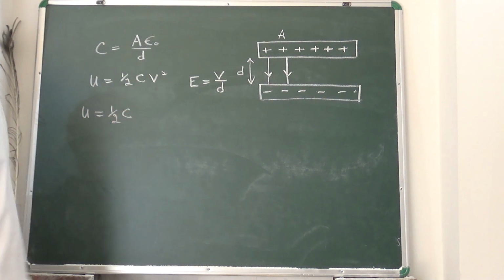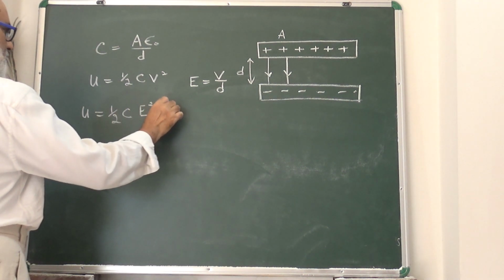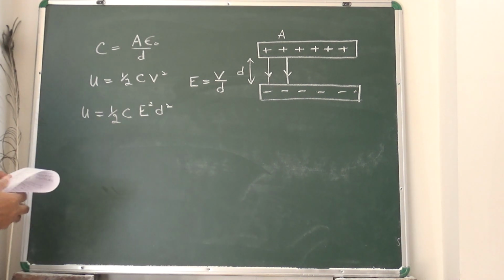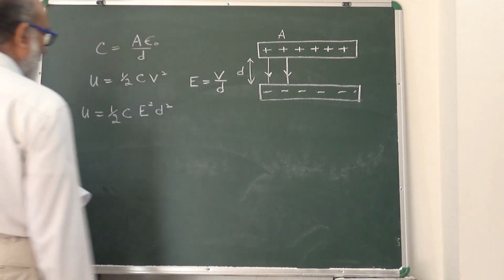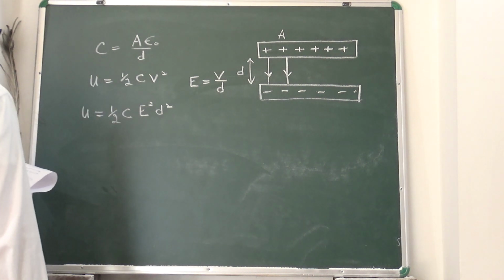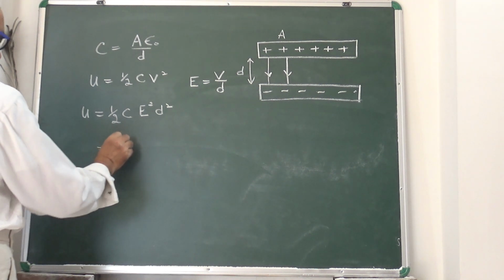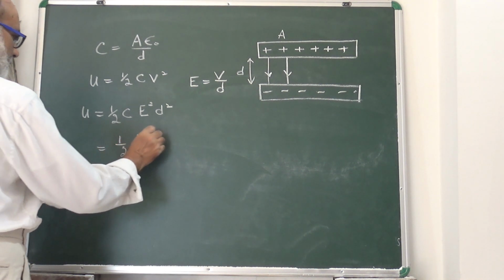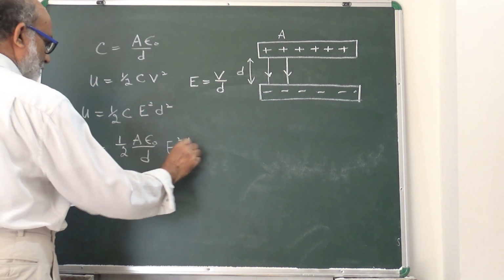So if you substitute here, you will get half C E square D square. Substituting the value of C, you will get half A epsilon naught by D times E square D square.